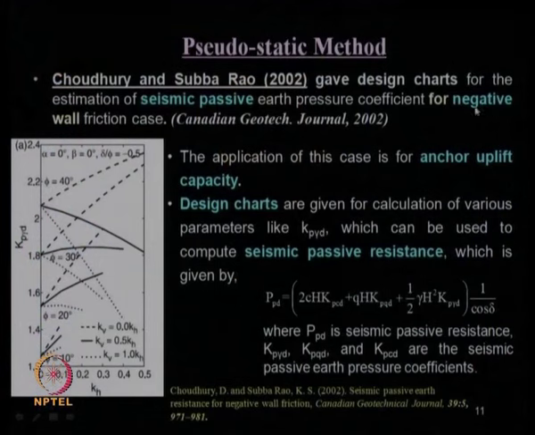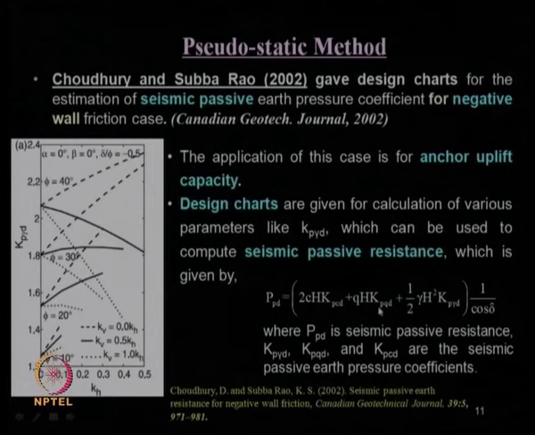That is what, in this paper, if we look here, for negative wall friction, where anchor uplift capacity is the application, as it is mentioned, we had obtained the design chart for this passive earth pressure coefficient under the dynamic condition with respect to the unit weight component. There are three components. If you consider the generalized c-phi soil, where cohesion is also present and friction angle is also present, including the surcharge on the ground surface.